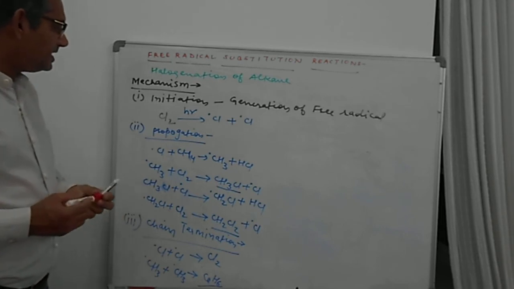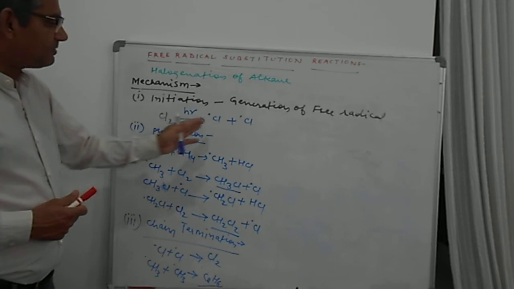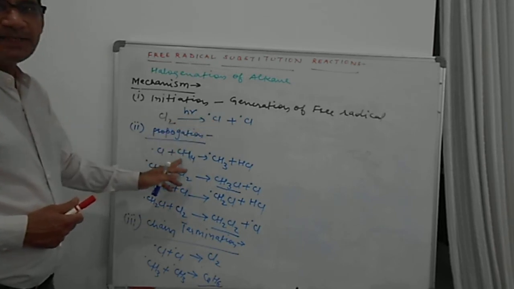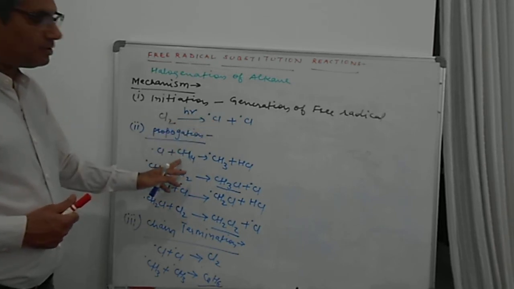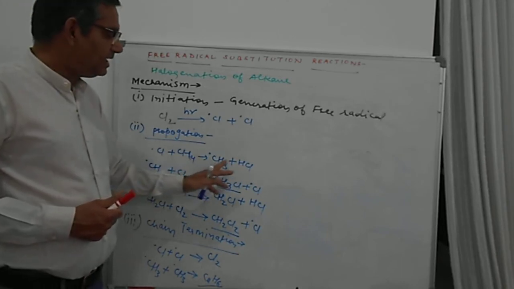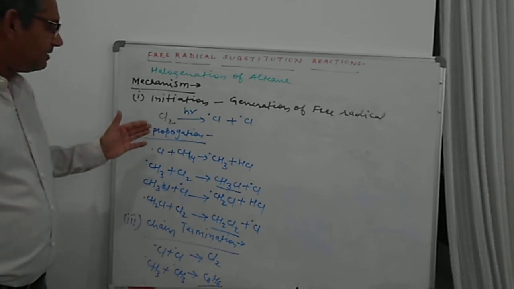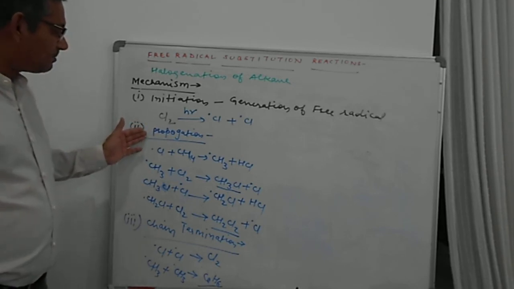In the second step, that is propagation, this Cl free radical combines with methane, marsh gas or fire damp, to form CH3 free radical, methyl free radical, and HCl. Since it's a multi-step reaction, this propagation has multiple parts.